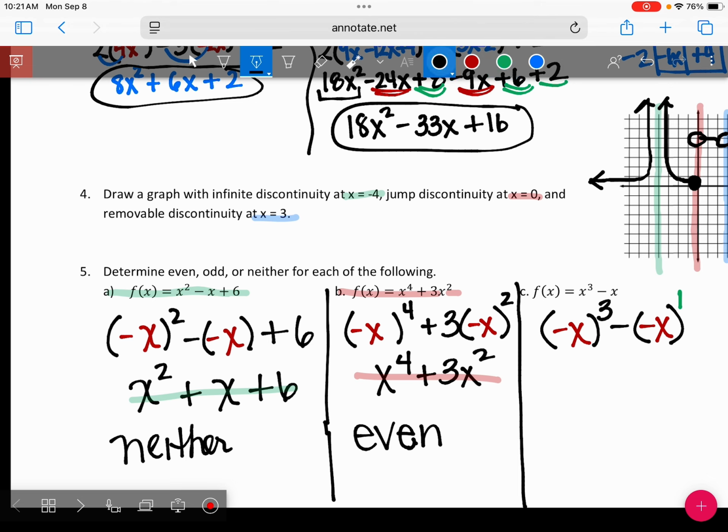So this becomes a negative x cubed. And this is going to flip to a positive x. And when we compare these two functions, they're completely opposite. We only had two terms, and they both flip signs, which tells me that this is an odd function.